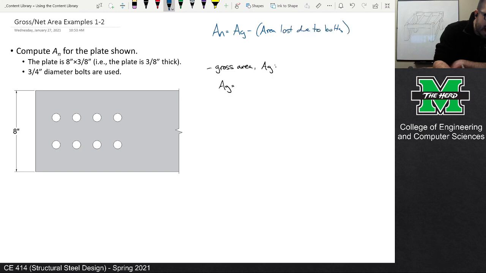And that's the net area formula. But in order to compute the net area, you've got to get the gross area first.